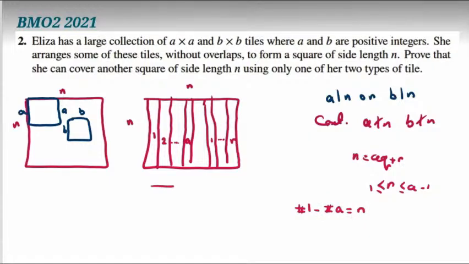Now, when we select an a by a, we select equally from all of them. But when we select a b by b, if we want to have any difference, because the tiles are b by b, the difference can be created by something that is a multiple of b. So b has to divide the difference.